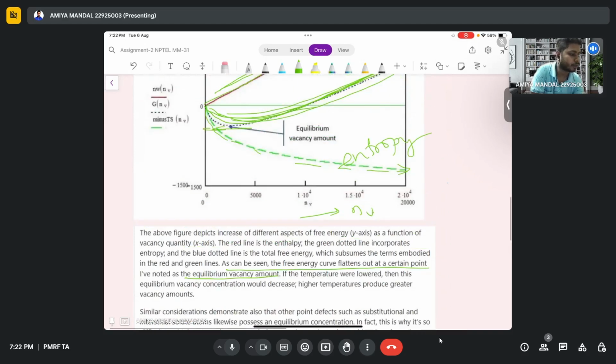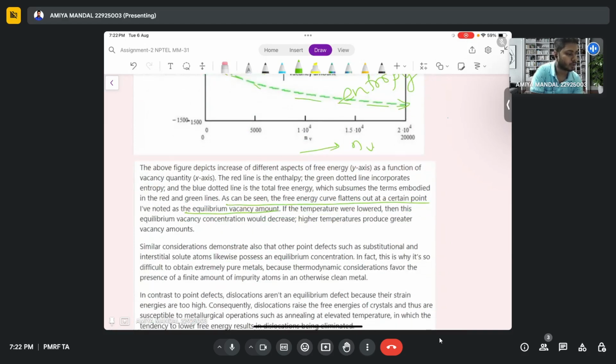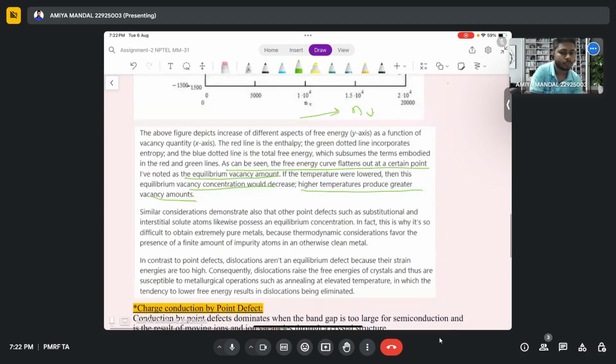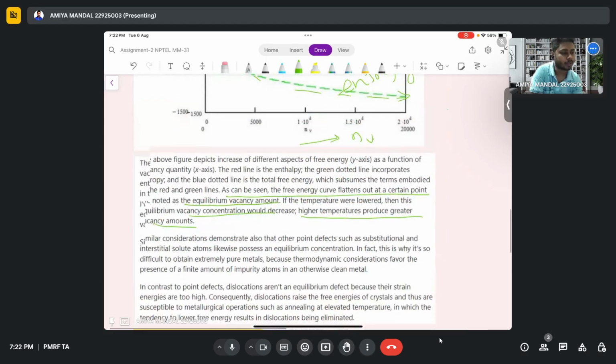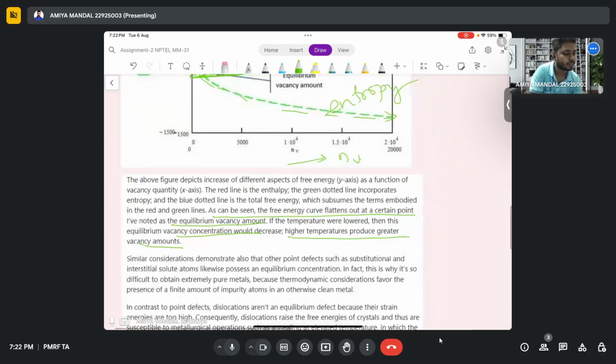If the temperature were lower, the equilibrium vacancy concentration would decrease. Higher temperature produces a greater vacancy amount. So the point defects are thermodynamically stable.